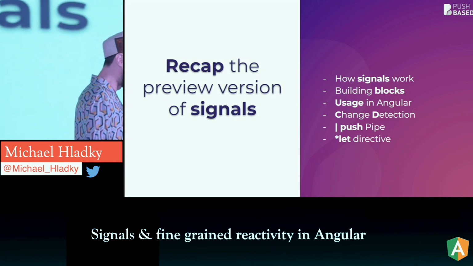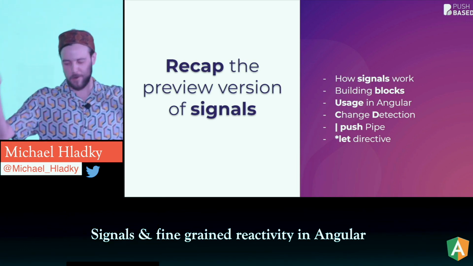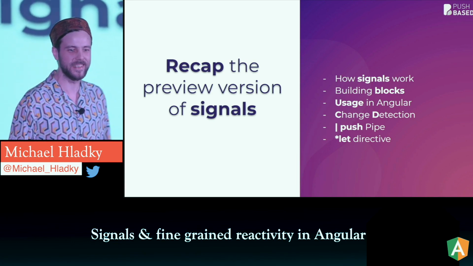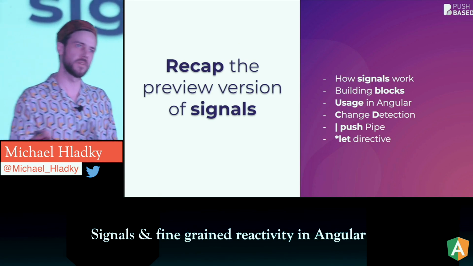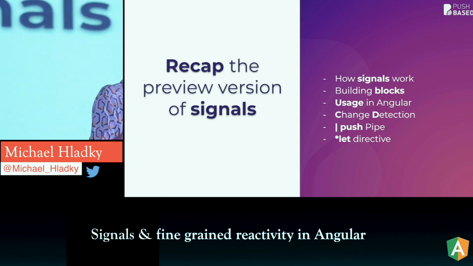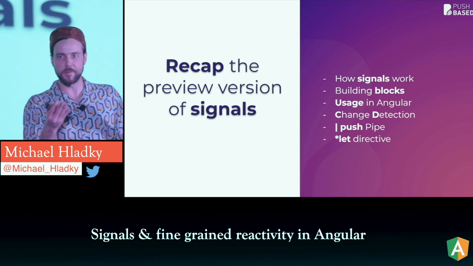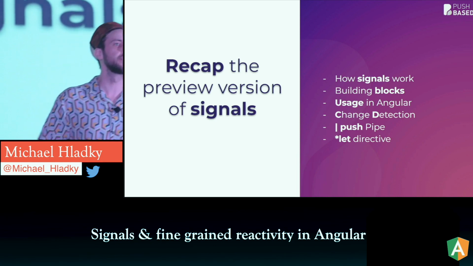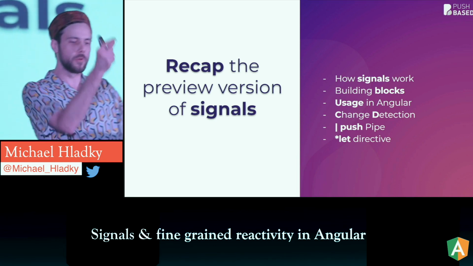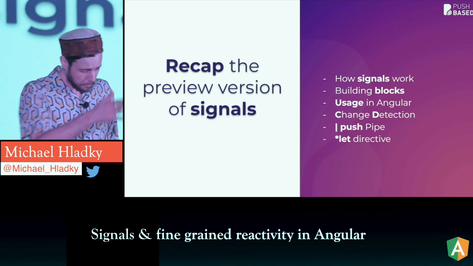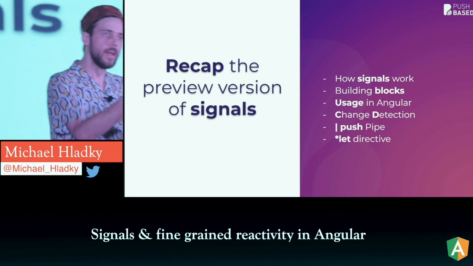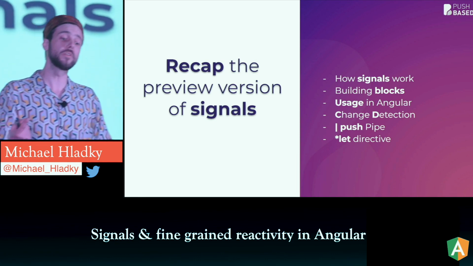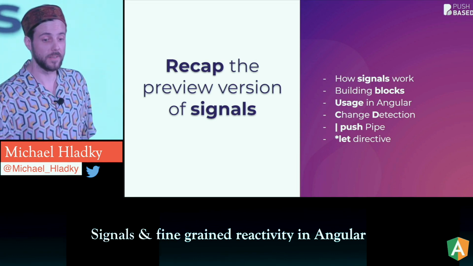I showed you how Angular publishes signals, what people did already on the internet, and we learned about the building blocks, about the signal. A signal on its own is useless, about an effect. If an effect wraps a signal, and you get a signal in an effect, you create a branch in the tree. You basically connect the effect to the signal, and it will get notified and re-execute if you change that signal.